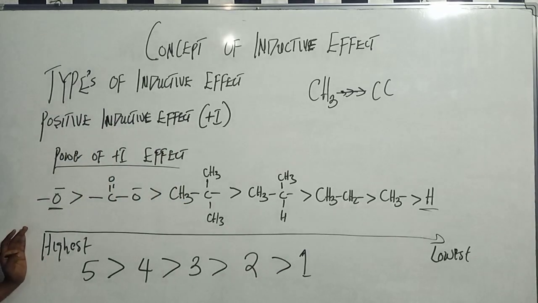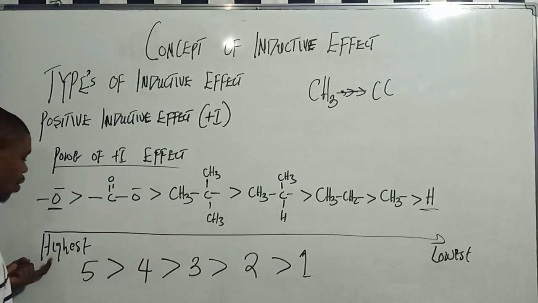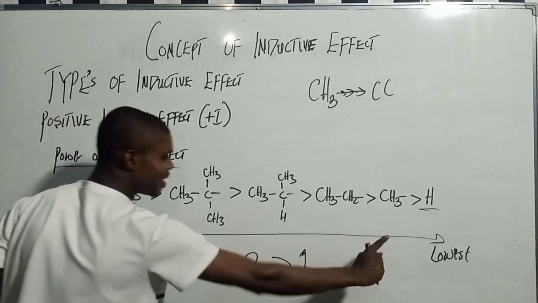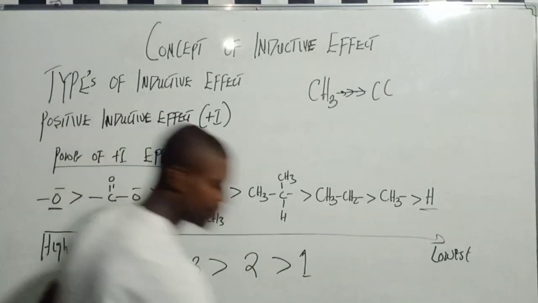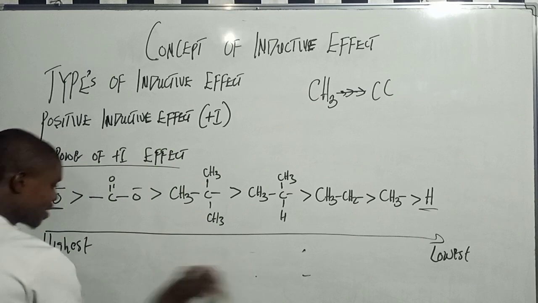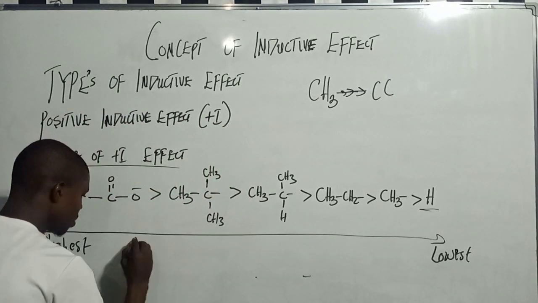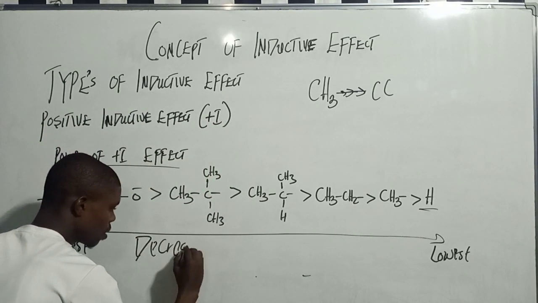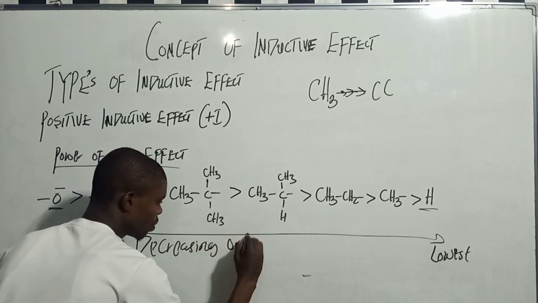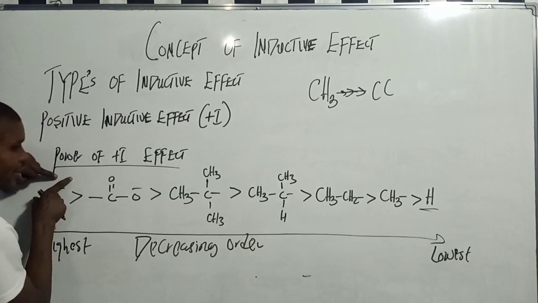So from the highest to the lowest, it's called decreasing order. Do you know the reason why? Because you are moving from highest to lowest.